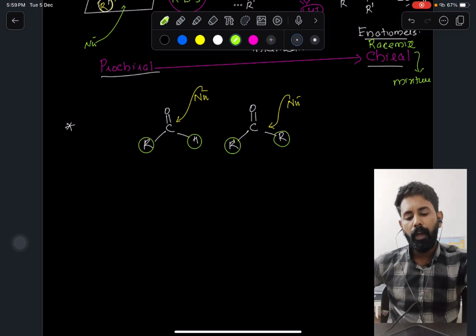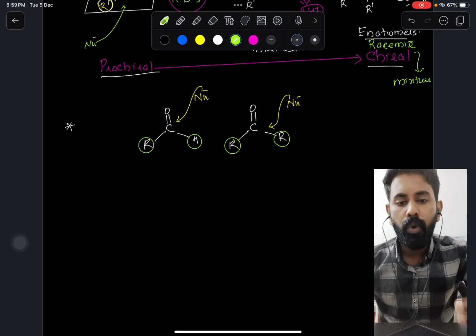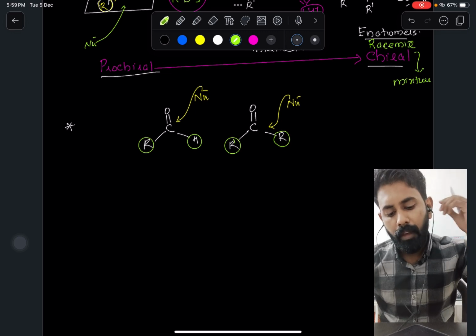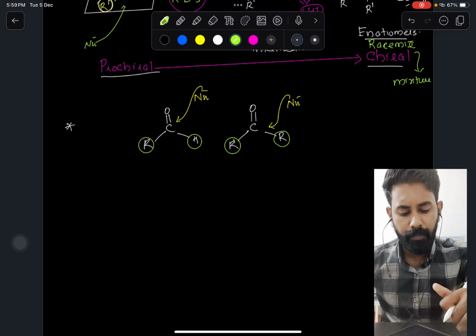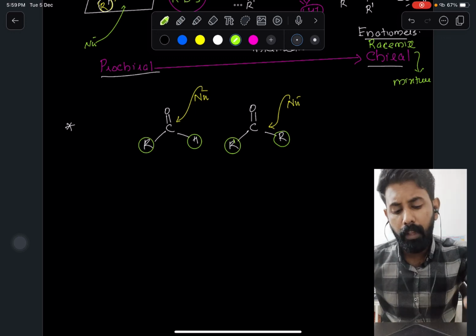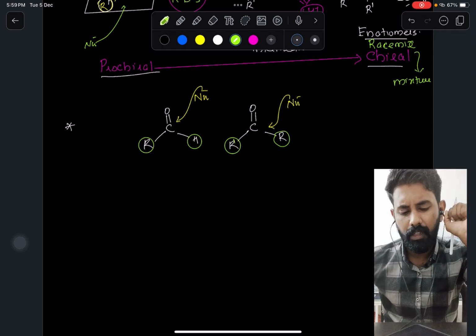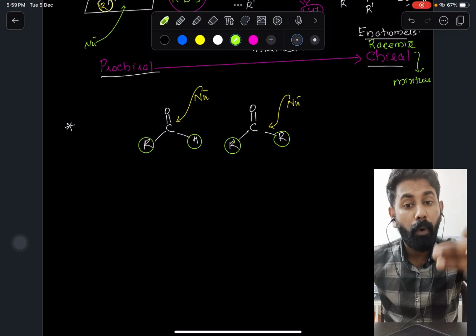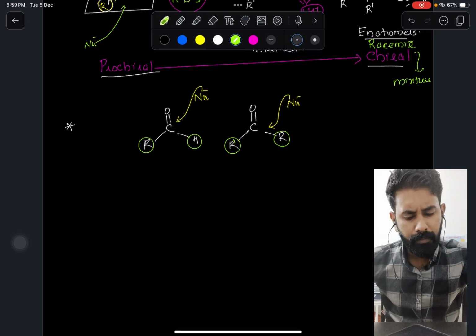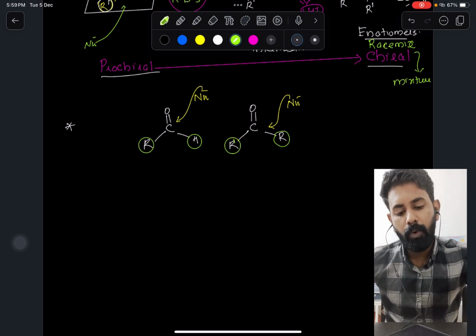This additional R group makes the ketone more bulky, and thereby the attack of the nucleophile will be less effective, or we can say more difficult, because since there is steric hindrance, the attack of the nucleophile won't be as easy as in the aldehyde.